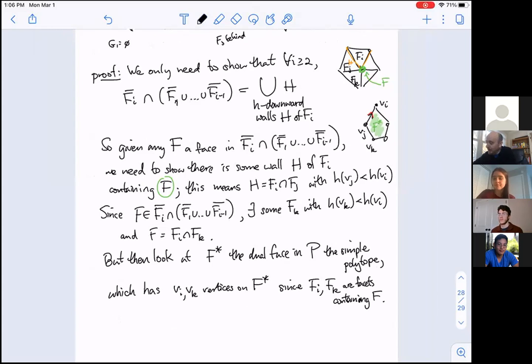But now is the point. I'm trying to show you that there's some Vj that has the property that, oh, it intersects Fi in this wall H that contains F. I haven't shown you that there exists such an H yet, and I haven't shown you the Fj that achieves it as intersecting with Fi in H. What we note is that Vi, since it has a value for H that is strictly bigger than Vk, we said that right there, Vi is not the min value for H on this face F star.